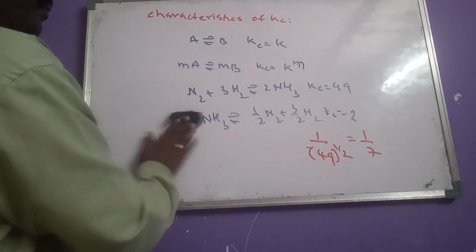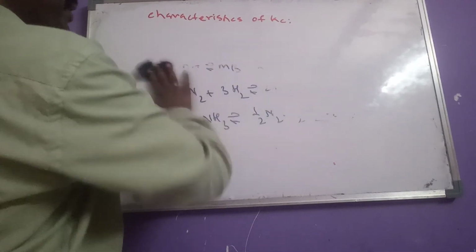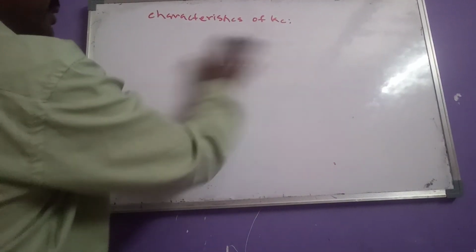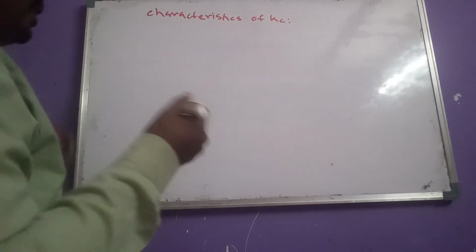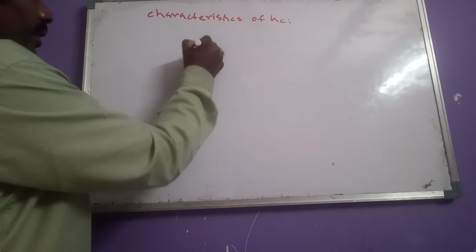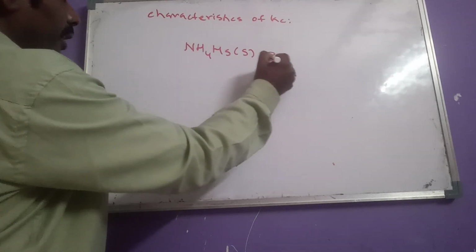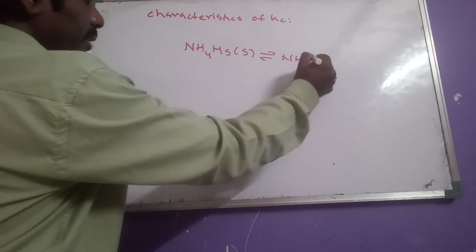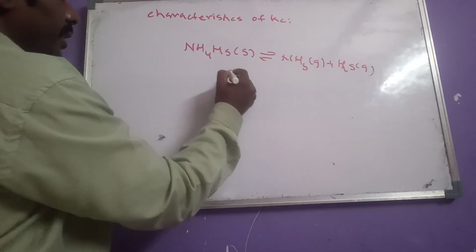Okay, then after that, some other reactions, let us see here, related to Kp. For example, NH4HS solid gives NH3 gas plus H2S gas.